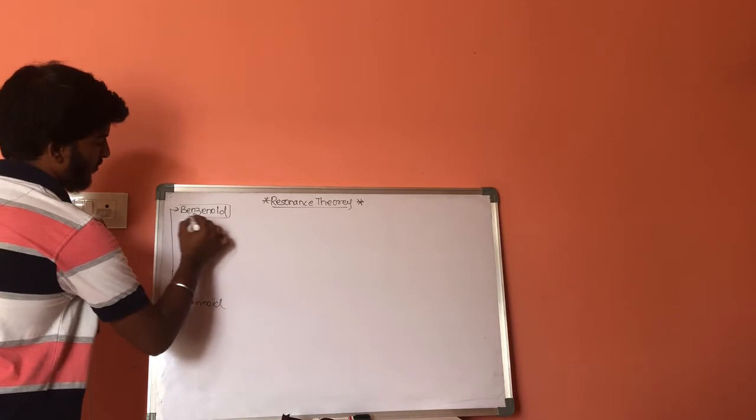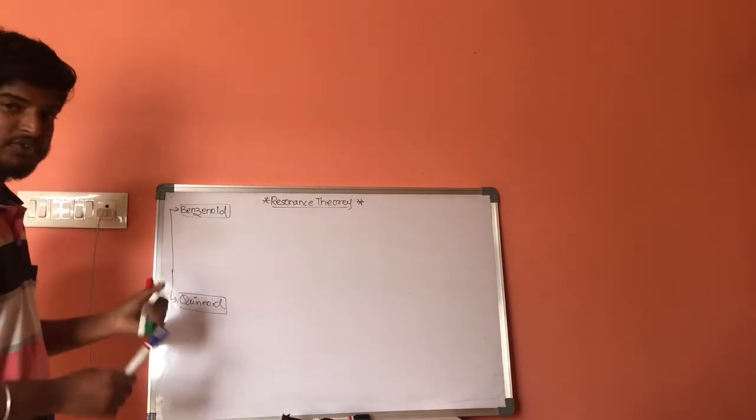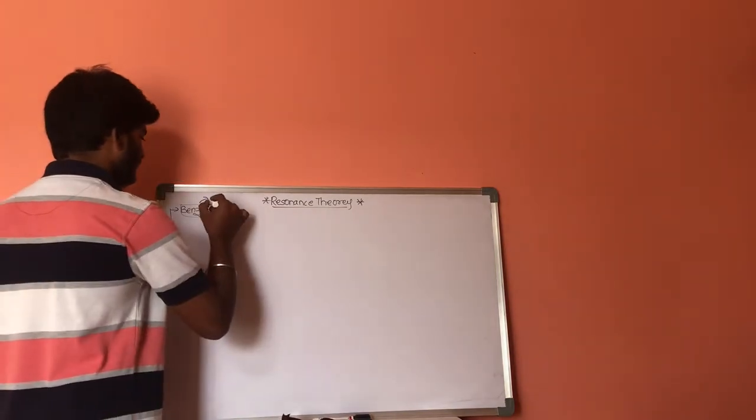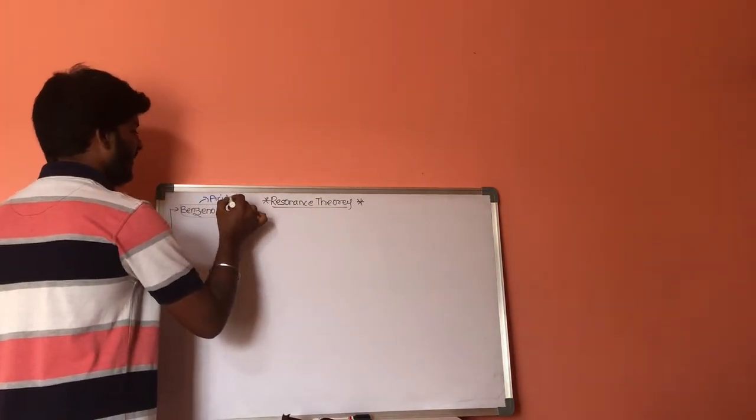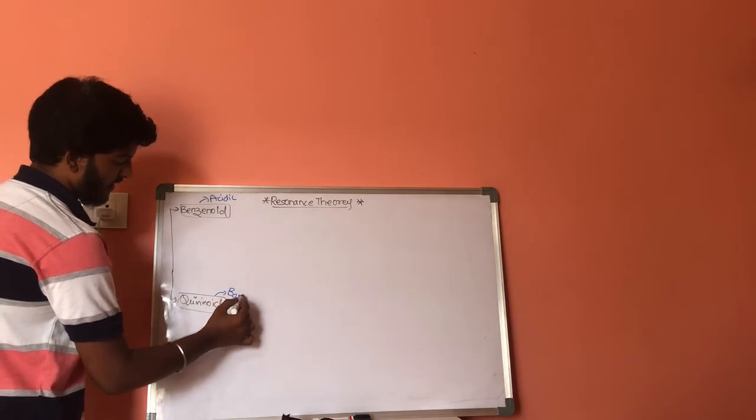What is the benzenoid form and what is the quinoid form? The benzenoid form is predominant in acidic medium, whereas the quinoid form is predominant in basic medium.